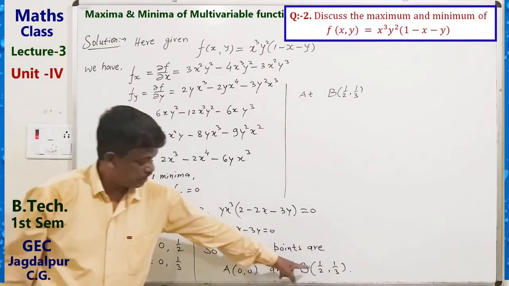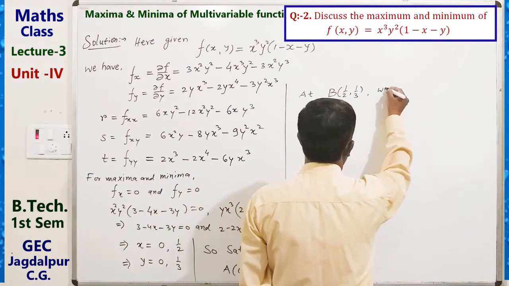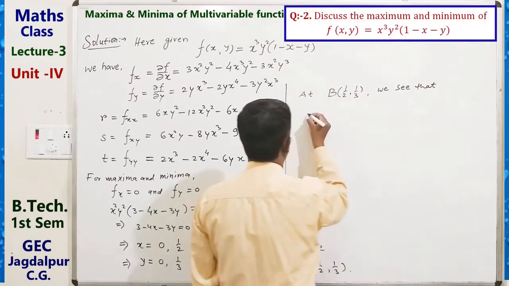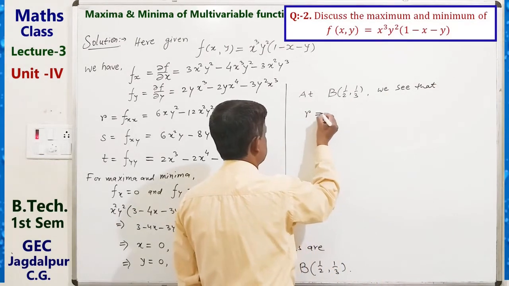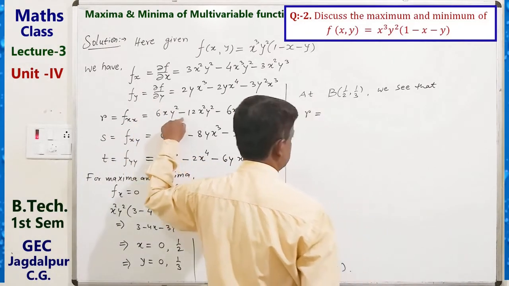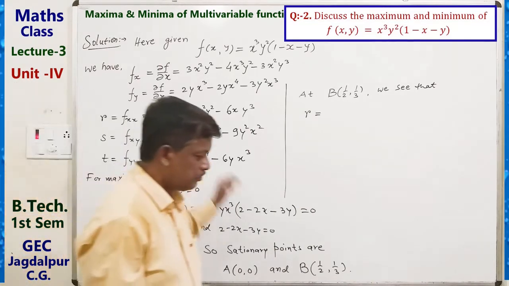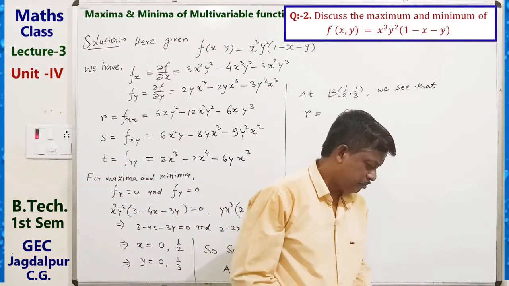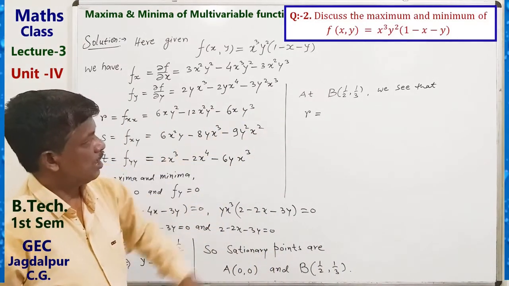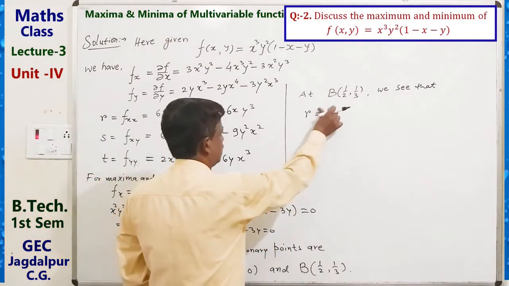At this point first, 1 by 2, 1 by 3. We see that R equals to means what? R equals to this. Clear? So one by one, we can see the value of RT minus S square.